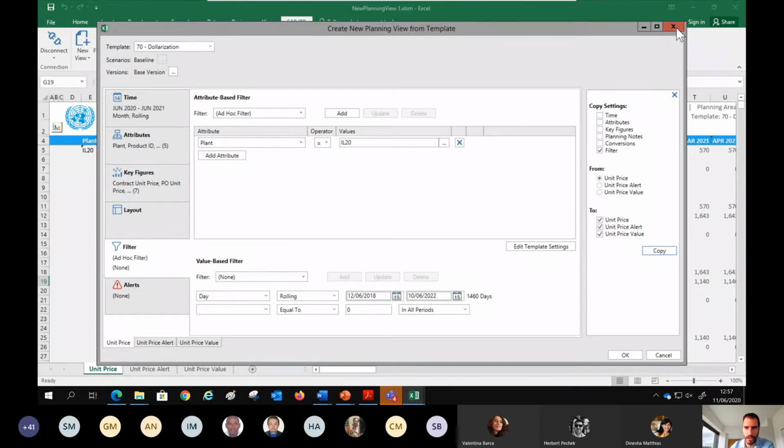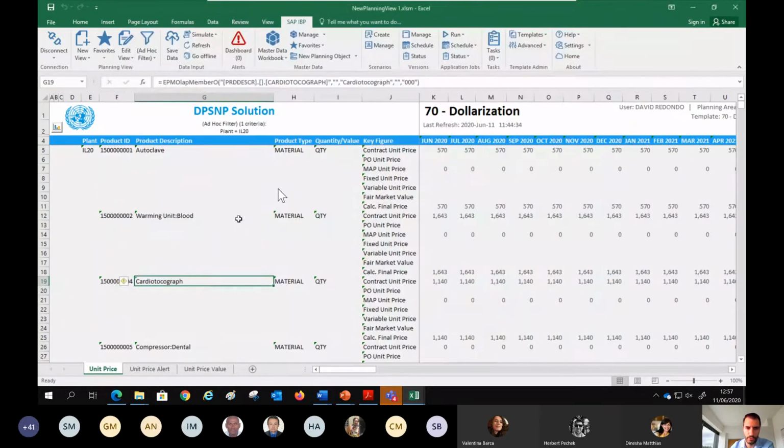Now, once you open it, and I already have it opened so you don't have to wait, you will see 3 tabs. The main one and the most important, if I may say that, is the first one. It's called unit price, and it contains information that Valentino was explaining very clearly before the break.